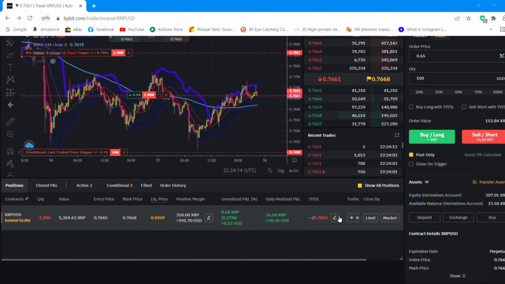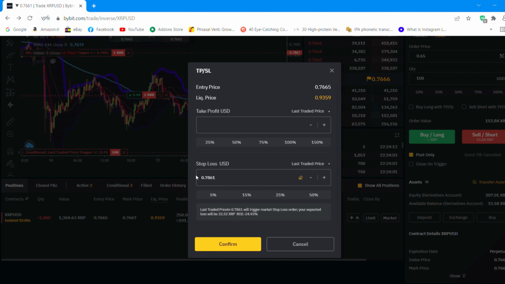I will go here into TP, and I will put, let's say, at entry point, the entry price is 76.66.